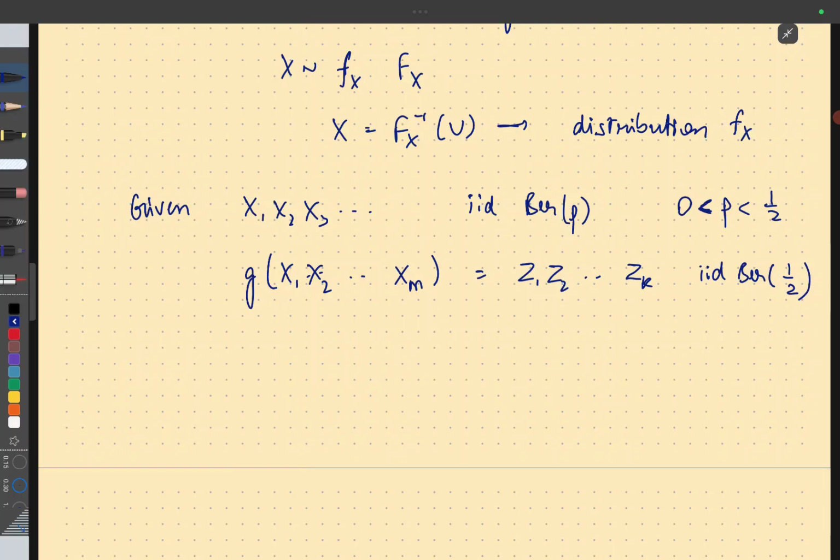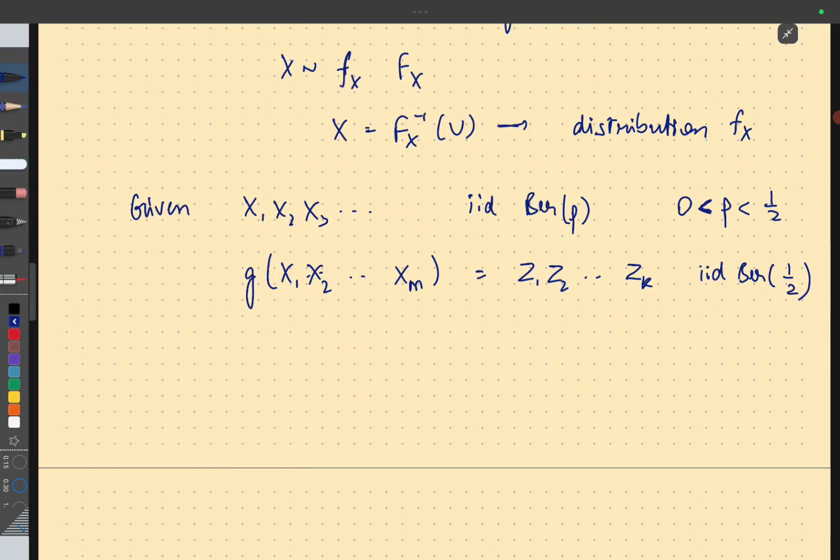No, k can be larger than m. We'll see that in a little bit. The goal is to understand how small can m be if I want a particular k. All right, but in principle m can be different from k, and m need not just depend on k.